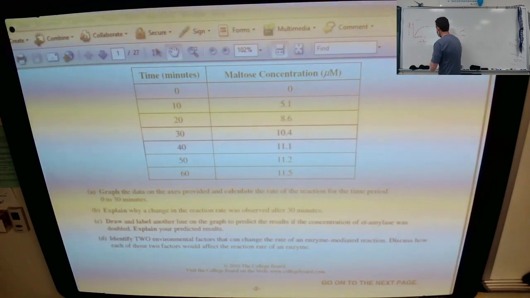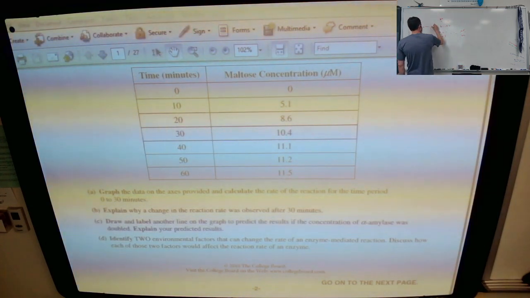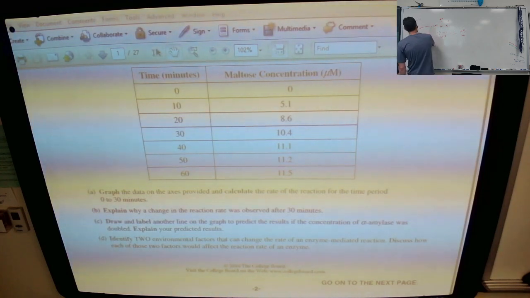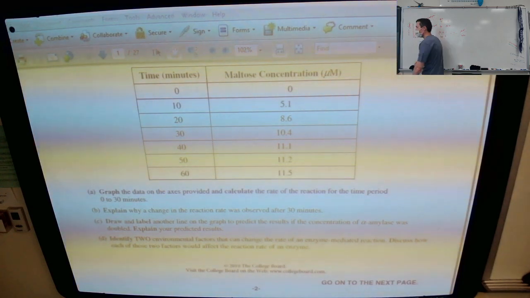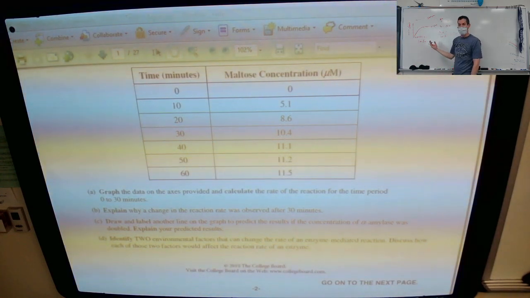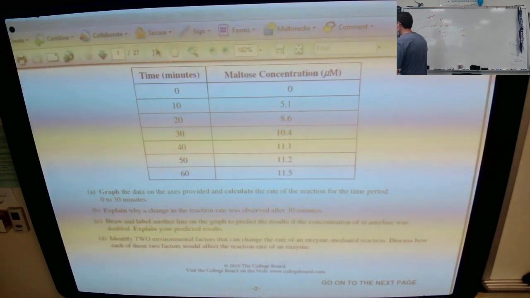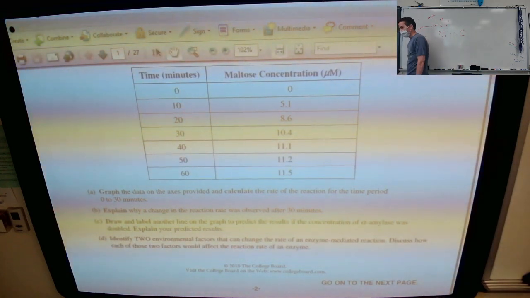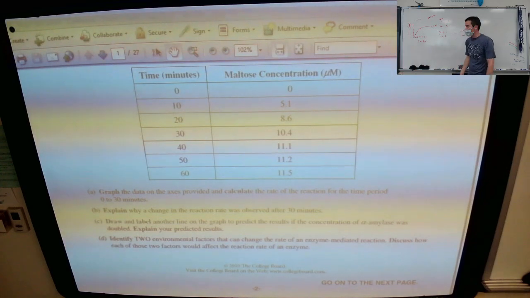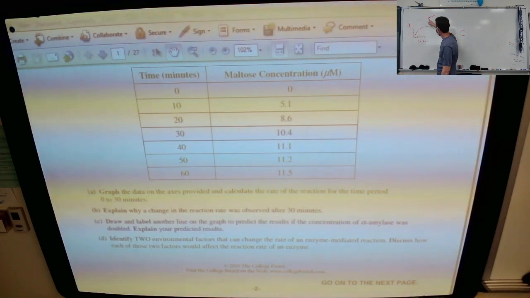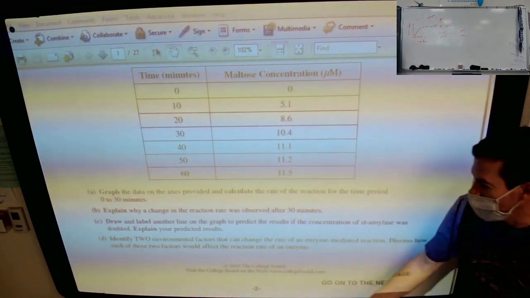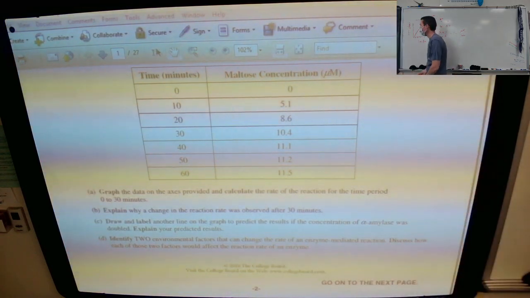So if you label this and you call this original and you call the other one, you know, 2x amylase, I, as a reader, will very easily know what you're talking about. Or if you label another line and you say part C, I will know what that is. Like it's very obvious. Any idiot could be like, oh, this is part A, and that one that says 2 times amylase is the one when we doubled the amylase.